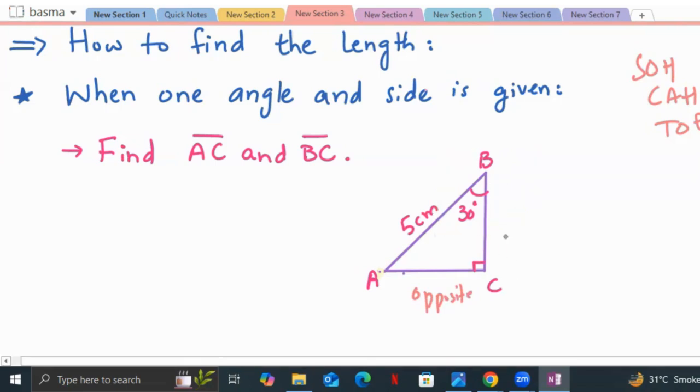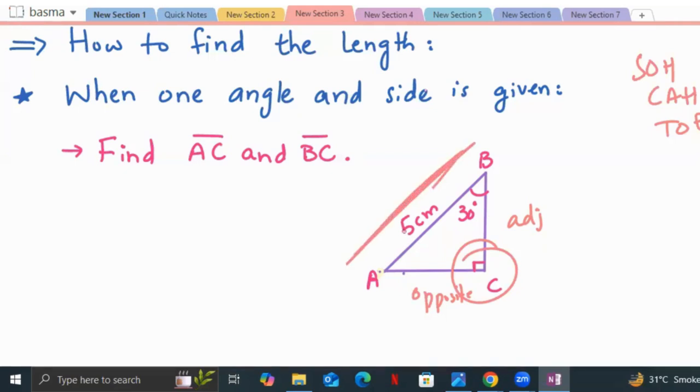And here BC is your adjacent side because it is between the angle theta, whatever it is, it can be 30, 50, 60, whatever, and the 90-degree angle. And the side opposite to the C, which is 90 degree, is the longest side, which is called hypotenuse here.